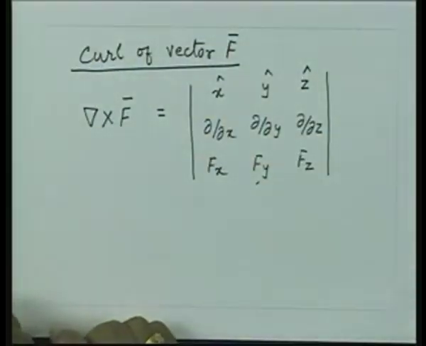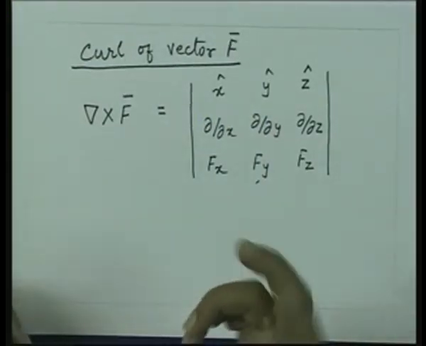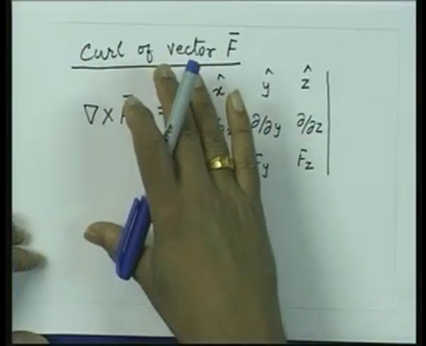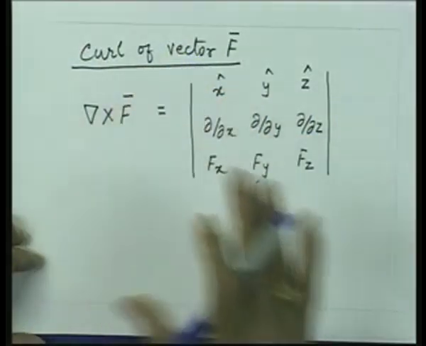That is the effect which is captured by this operator, what is called the curl operator. So, if we define the net rotation created on an object per unit area of the object, then that quantity essentially is the curl of that vector field.